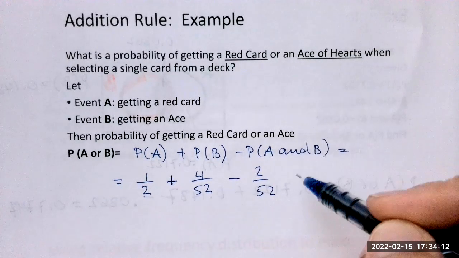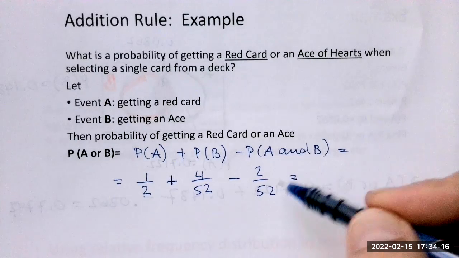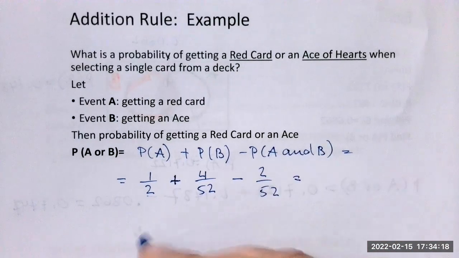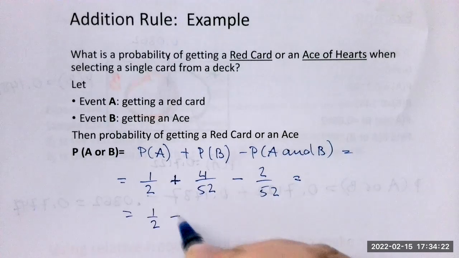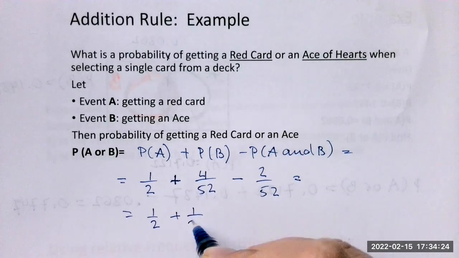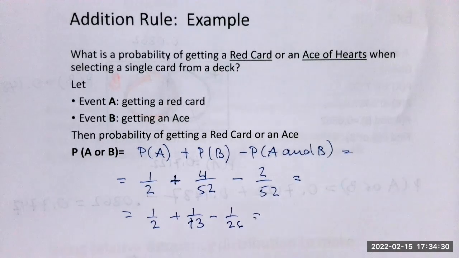All right. So I think our common denominator when we simplify will be 26. So 1 out of 2 plus 1 out of 13 minus 1 out of 26. So 26 is a common denominator.